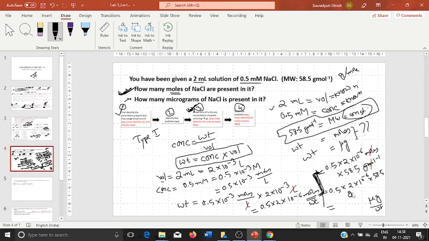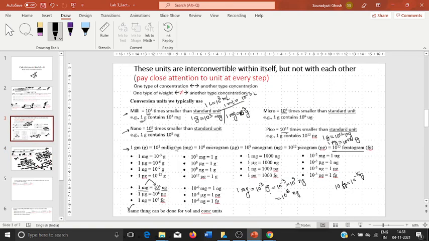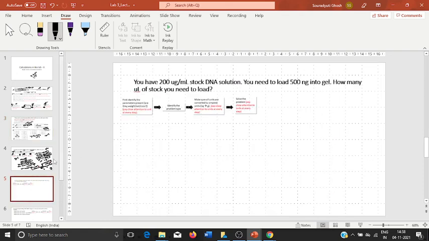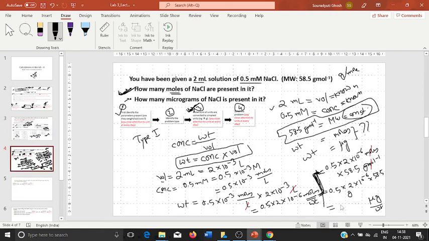58.5 grams, and 1 gram is 10 to the power 6 micrograms, right? If you go back to a previous slide, 1 gram is 10 to the power 6 micrograms. So we feed this here and let's see what we get. 0.5 into 2 into 10 to the power minus 6, that was originally present, into 58.5 gram.